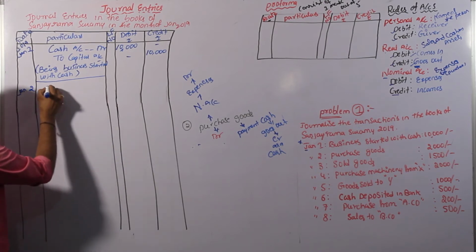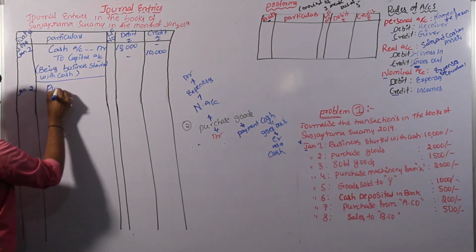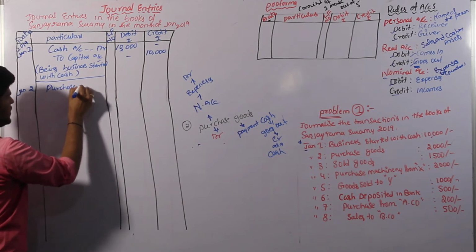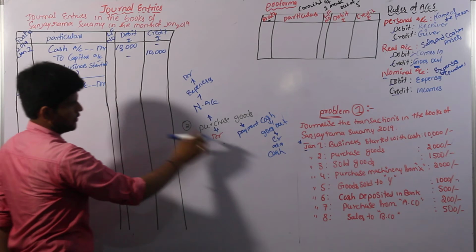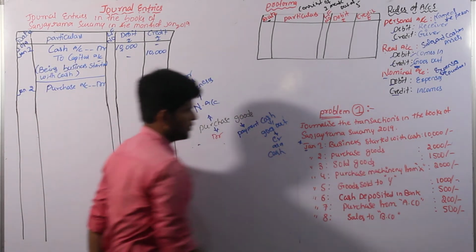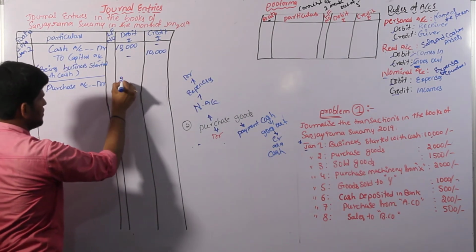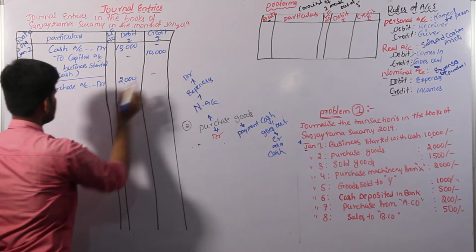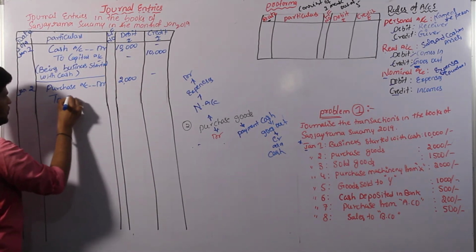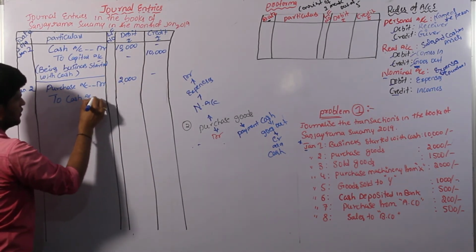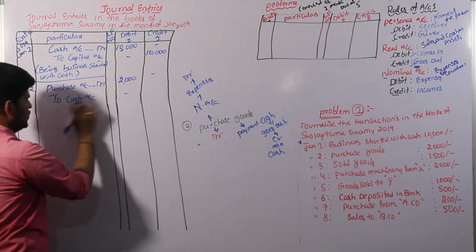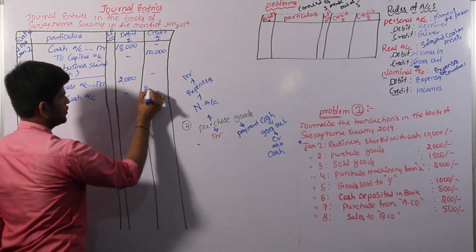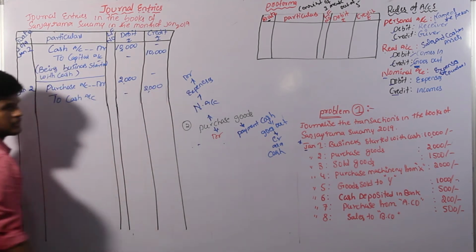Then come to the entry: purchase account debit, first transaction amount 2000, second transaction amount 2000, to cash account, payment made to cash. The amount goes to the credit column, 2000. The transaction is completed.